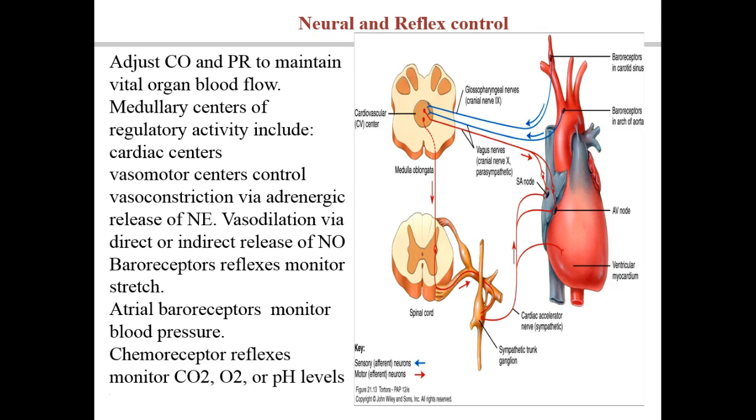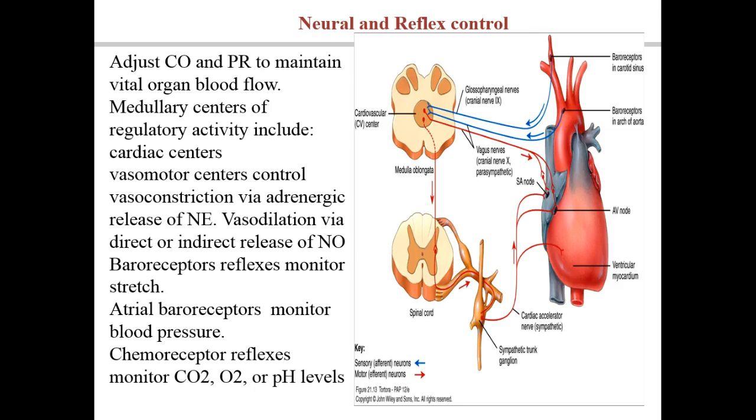You have nerves that will respond to the release of norepinephrine, and that will cause vasoconstriction. You also have nerves that respond to nitric oxide, and that will cause smooth muscle relaxation, so vasodilation.